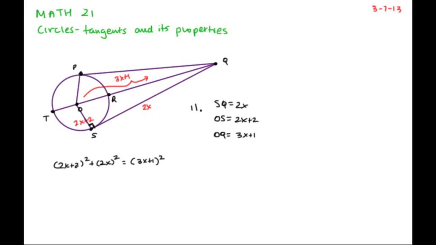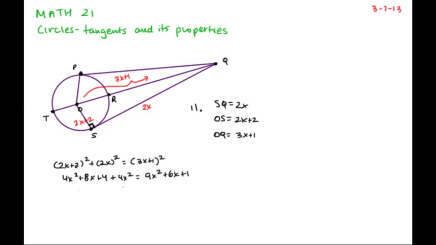Okay, cool. So let's do some math here. It's going to be 4x squared plus 8x plus 4. That's the foiling of 2x plus 2 squared, plus 4x squared is equal to 9x squared plus 6x plus 1.